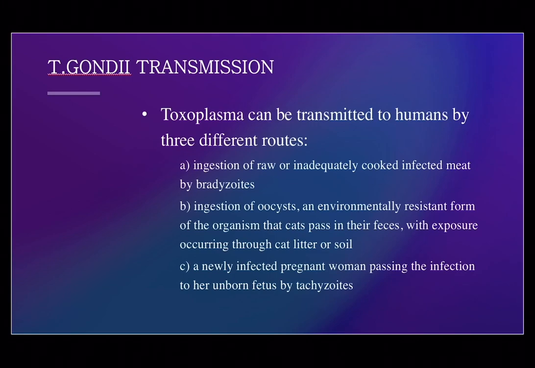B. Ingestion of oocysts, an environmentally resistant form of the organism that cats pass in their feces, with exposure occurring through cat litter or soil. And C. A newly infected pregnant woman passing the infection to her unborn fetus by tachyzoites.